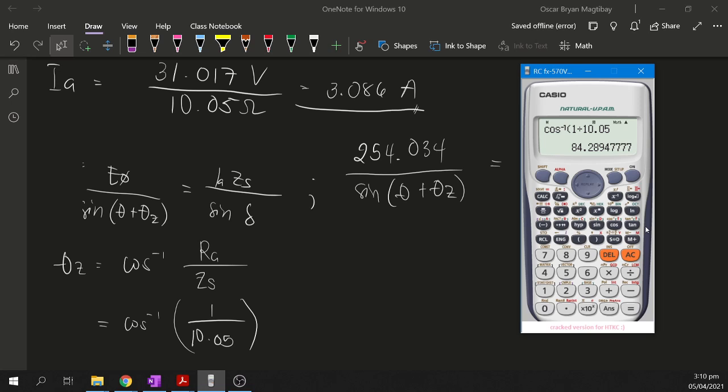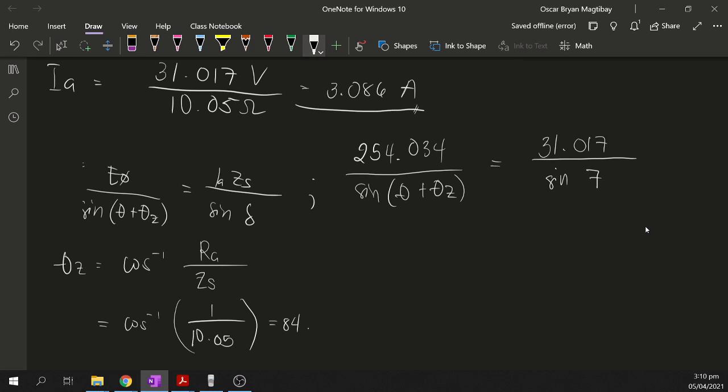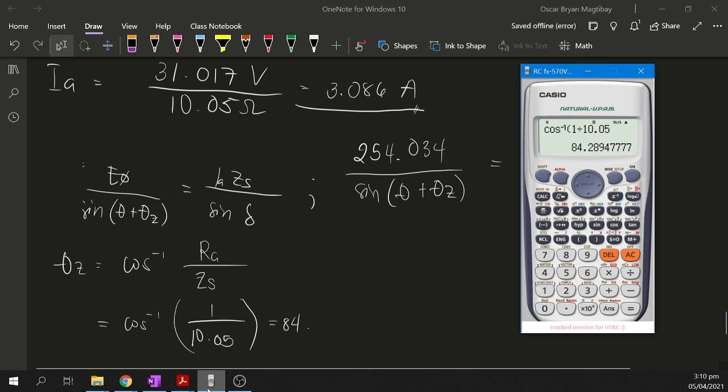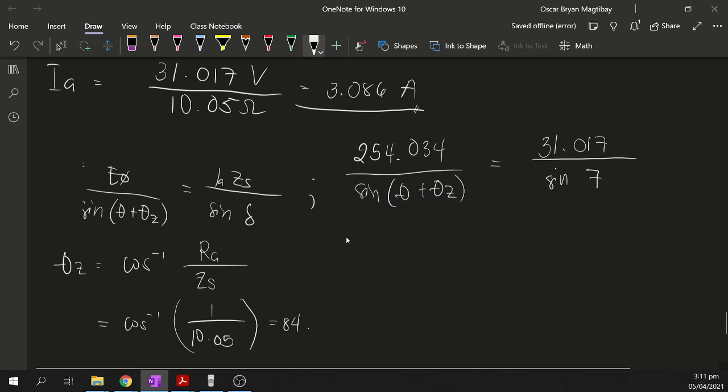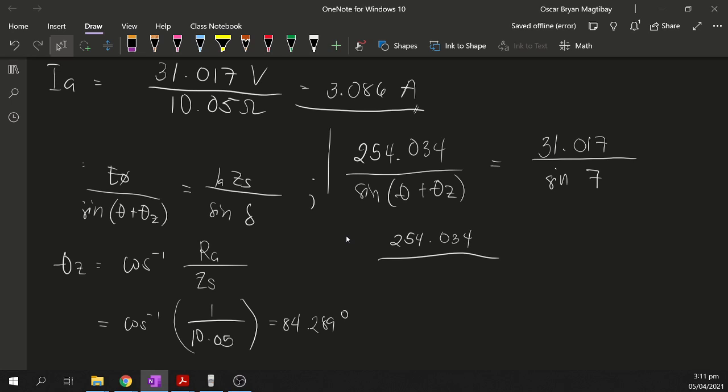So, that is equal to 84.289 degrees. So, makuha na natin. So, this is 254.034 all over sine theta plus 84.289.